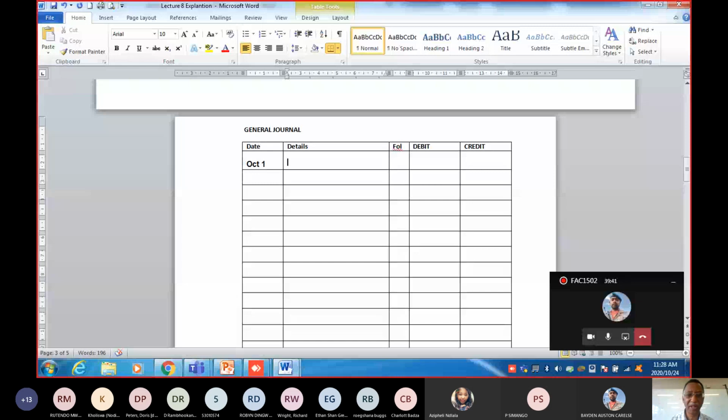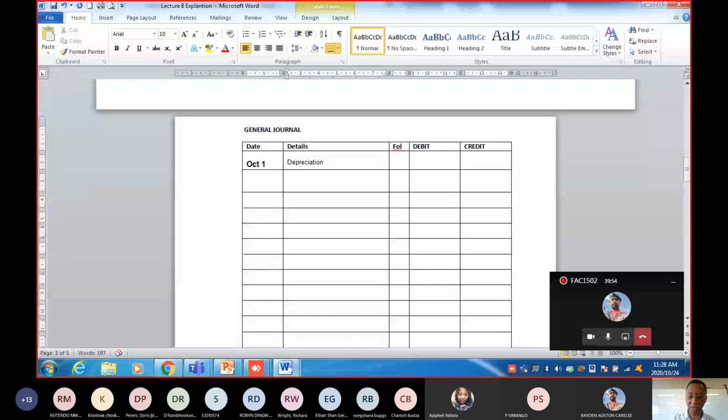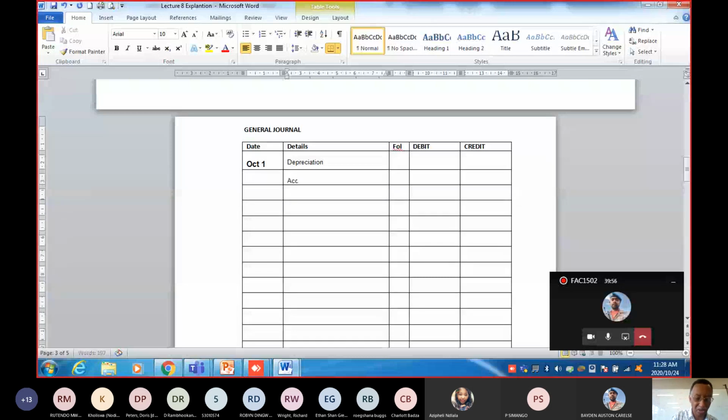Step number 1, account for the additional depreciation. So my journal entry will be debit depreciation, and I credit my account accumulated depreciation on vehicles.